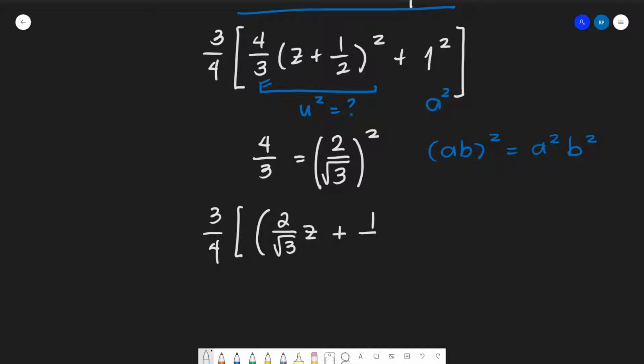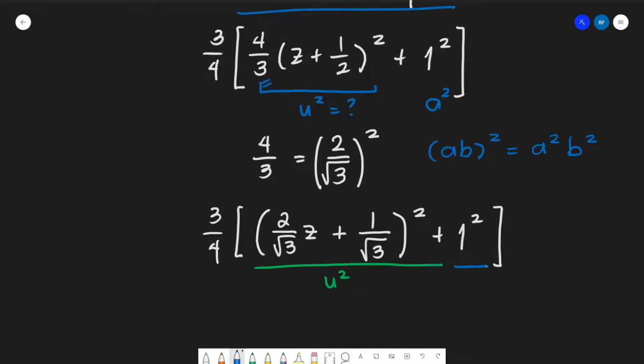So we will have 1 over square root of 3, quantity squared plus 1 squared. Ito na ngayon yung u natin. Yung u squared natin. Ito na yung a squared. So, u squared plus a squared. Okay? So, I hope you get the algebra behind in the manipulation of the denominator.